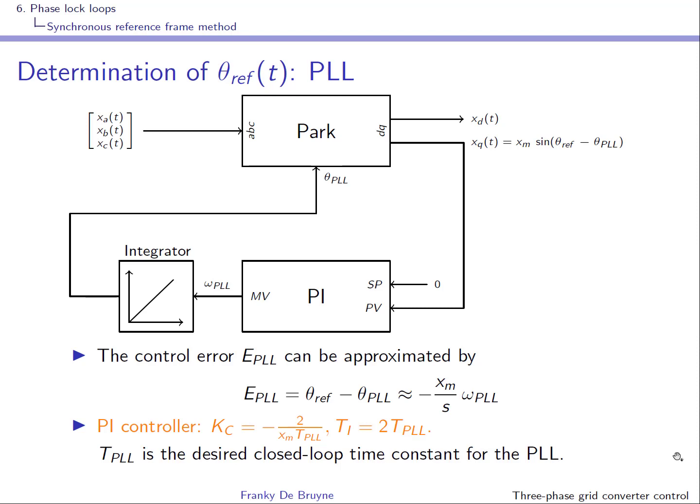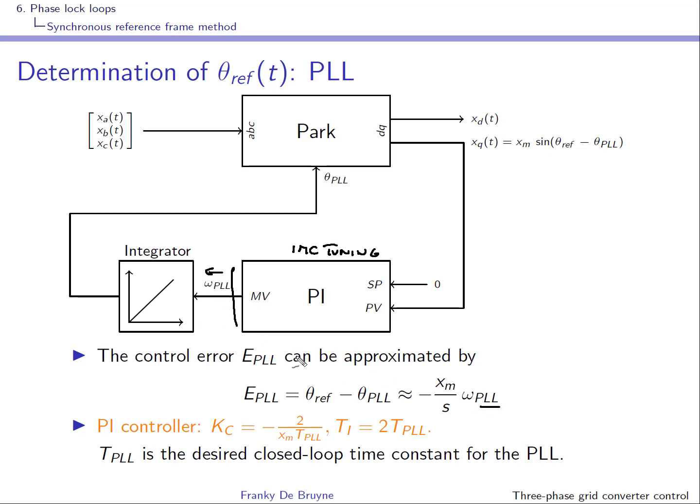What remains to be done is to see how we can tune this, and of course we'll use the IMC tuning that I've introduced previously. For that you need the description of the system. The output of the controller is omega PLL, which is the input of your process.